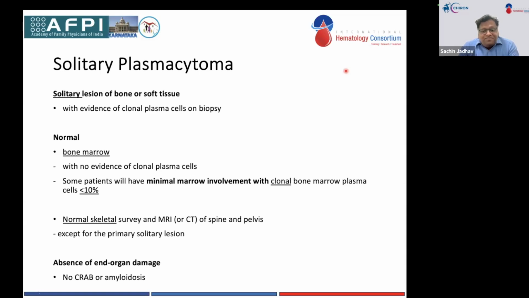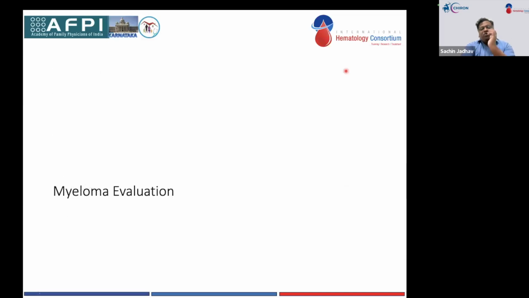Biopsy showed plasma cells were there. And then when the bone marrow was done from the iliac bone, even that showed plasma cells. That means plasma cells in the lytic lesion, plasma cells in the bone marrow. That tells you there are multiple areas of monoclonal plasmacytosis, multiple myeloma. That's how we differentiate. All right.